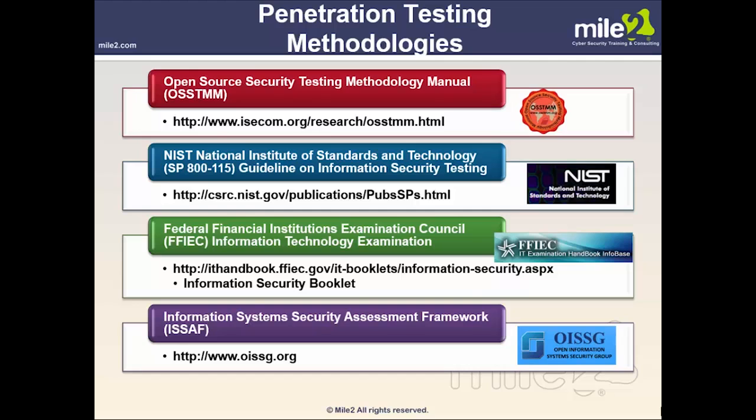It has an IT handbook that you can check out at ithandbook.ffiec.gov/IT-booklets/information-security.aspx, and look for the information security booklet. There are a couple hundred pages there, so unless you really like reading, you can cover it, but for exam purposes, just browse through and get a general idea of what it is and what it's able to do.